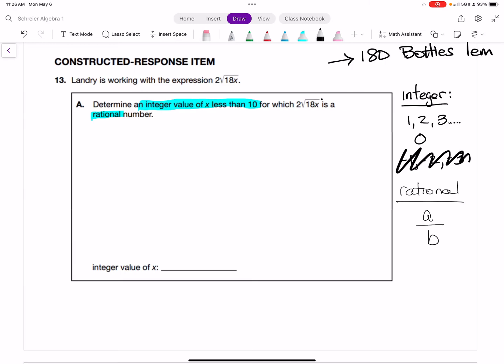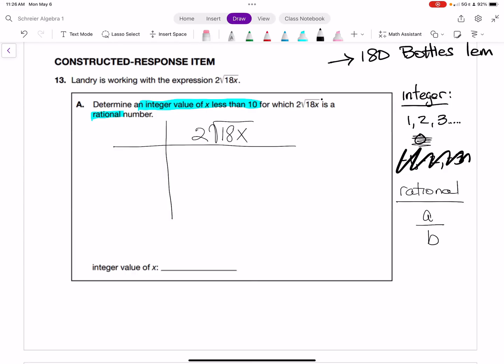So let's see if we can figure out what the values are. So 0 is going to be boring because that's going to be 0. So we're actually going to eliminate that as well. So we're just going to deal with numbers like 1, 2, 3. So let's make a little table here. And we're going to look at the value of 2 root 18x.